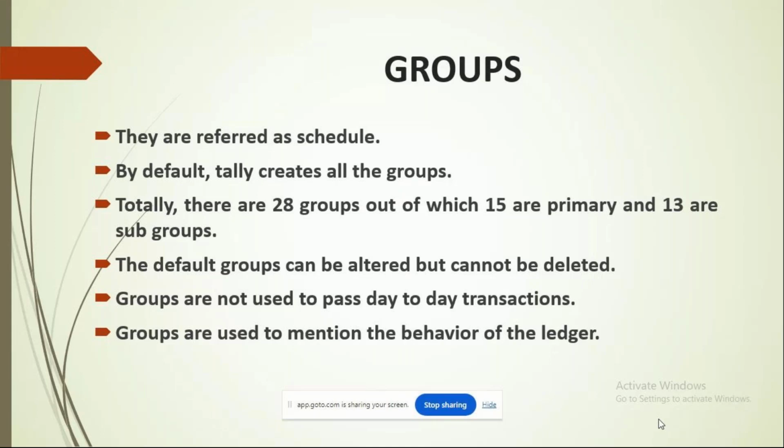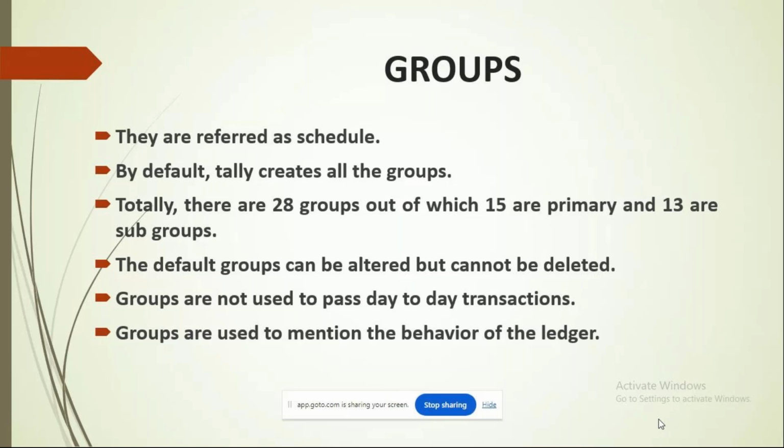So if I talk about the groups, we can alter them. Alter in the sense we can change the name, and activate or deactivate any feature. But I don't have the rights to delete that particular master or feature which Tally has created for me. That's why the point is that they can be altered but cannot be deleted. And most important, the groups are not used to pass day-to-day transactions.